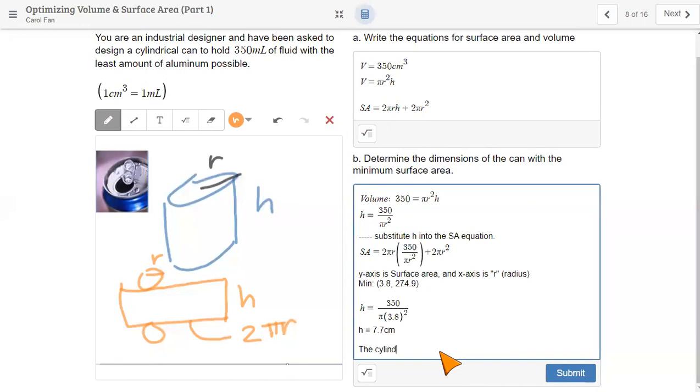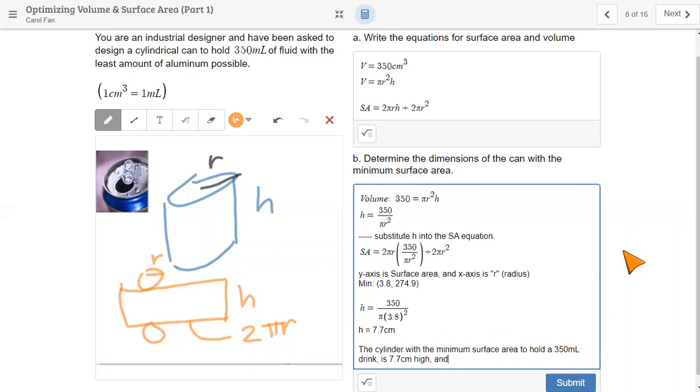The cylinder with the minimum surface area to hold a 350 milliliter drink is 7.7 centimeters high with a radius of 3.8 centimeters.